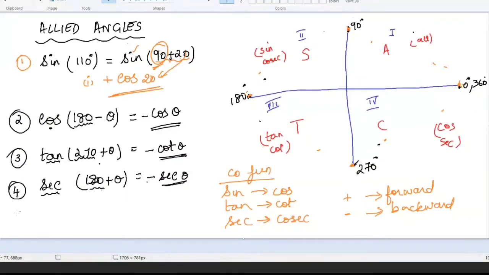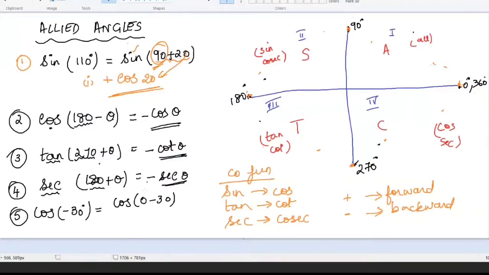And last, one more example for 100%. Suppose I have cos of minus 30. Yes, this is the 100% problem. First of all, I am confused just with the minus 30. Can I write cos of minus 30 as cos of 0 minus 30? Isn't it one and the same? Yes, 0 minus 30 and minus 30 are the same.